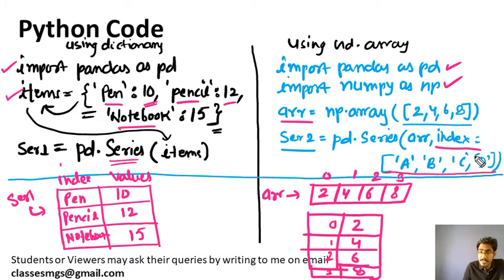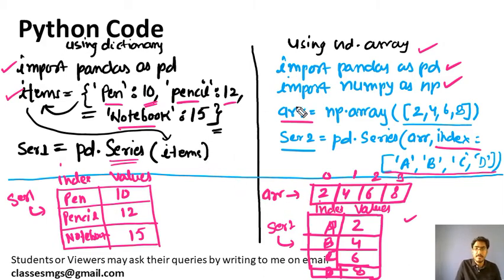If you pass these manually as a, b, c, d, then this index will become a, this b, this c, and this d. So this will become the index and this will become the values of the series object. So this is how the series object will be created using NumPy array. If you know these codes, then it will be easy for you to understand the demonstration.